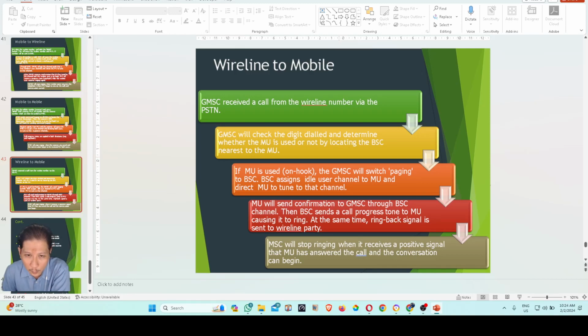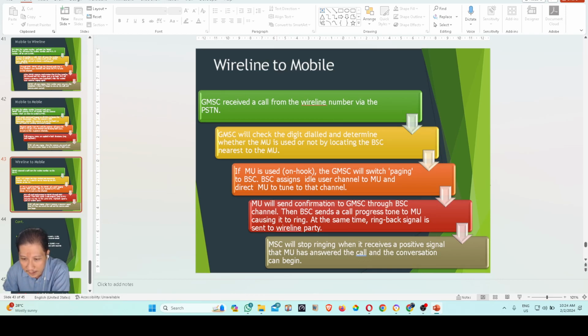And then wireline to mobile lah. GMSC receives a call from the wireline number via the PSTN. PSTN is a provider lah. GMSC will check the digits dialed to determine whether the mobile unit is used or not by locating the BSC nearest to the MU. Dia akan cari channel tower yang paling dekat lah. If the MU is being used, kalau user tu masih dalam telefon, GMSC through the BSC channel will send the confirmations lah.